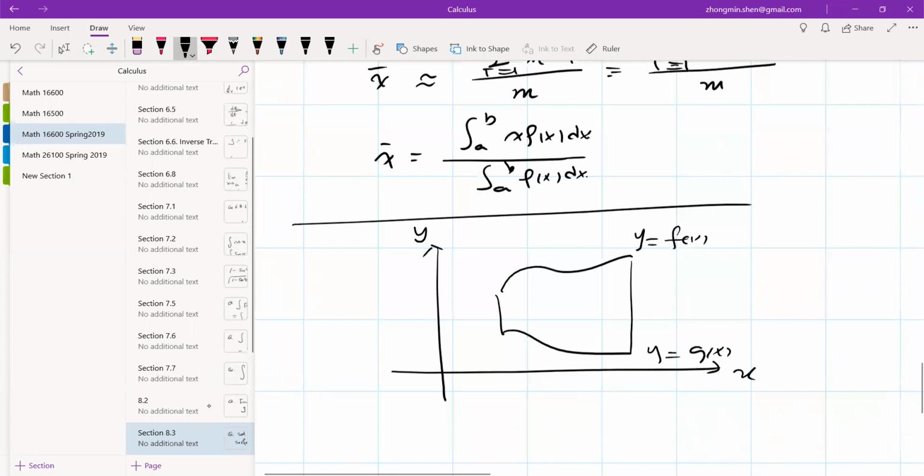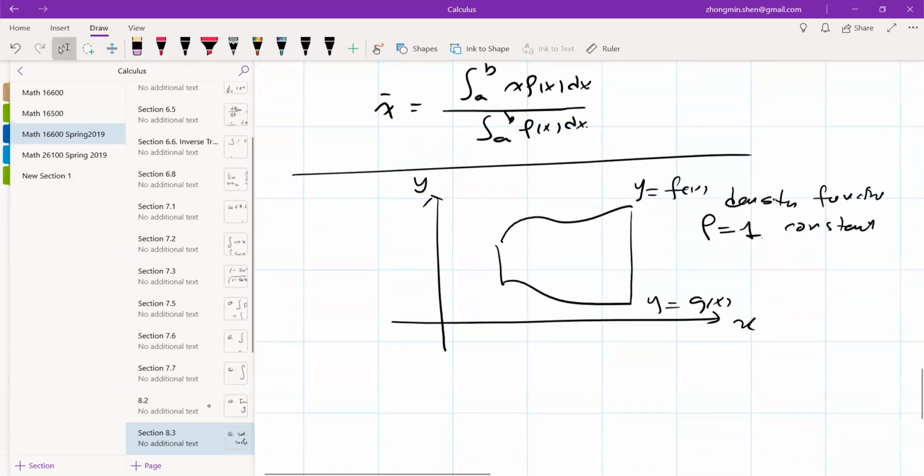And here the density function is constant, just 1. Otherwise, it will be much harder, involving double integrals. So I want to find the center of mass.